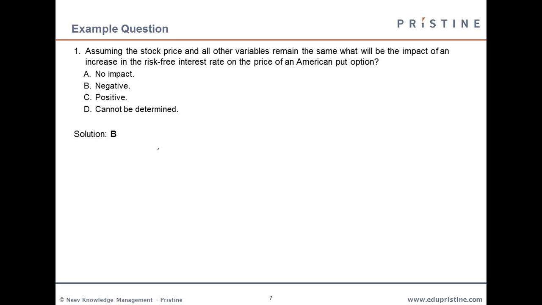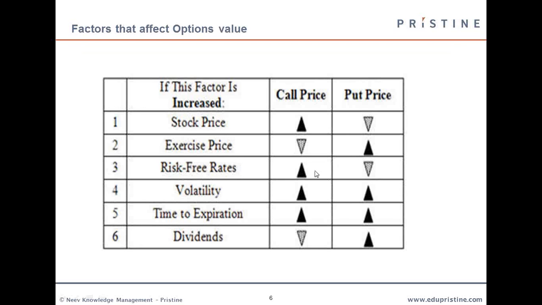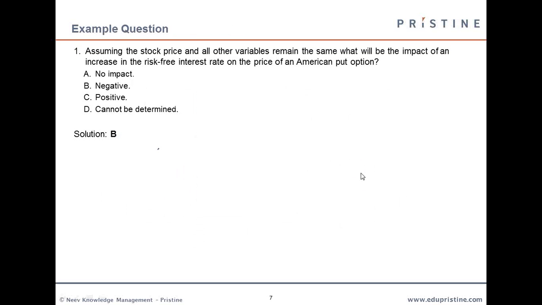Here we have a stock option and we are asked the effect of an increase in the risk-free rate on an American put option. As we can see from this table, on an American put option, if the risk-free rate increases, the put price decreases. So the effect will be negative.